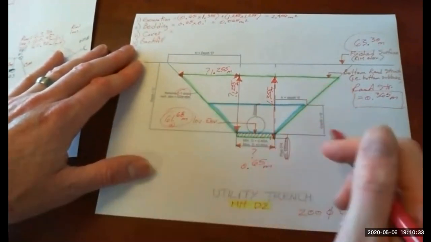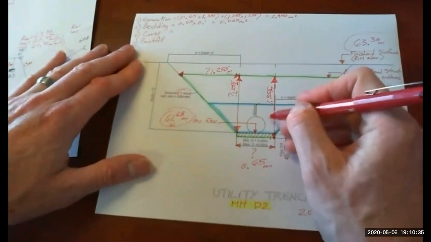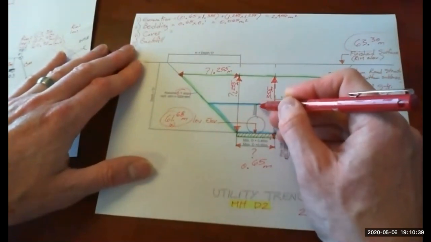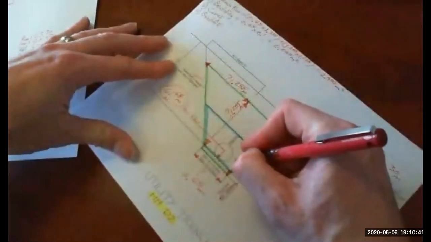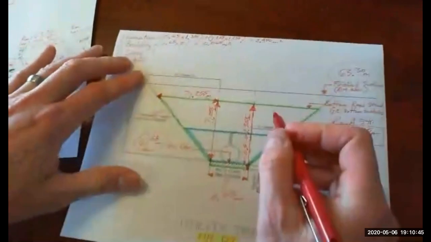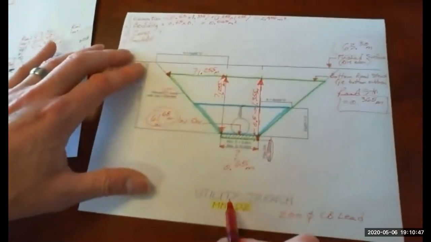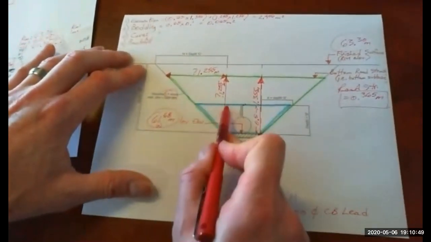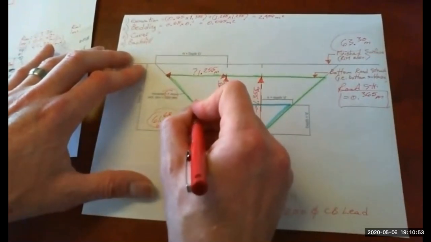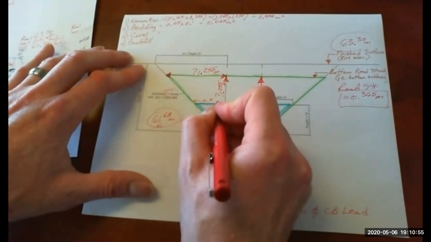Let's throw some numbers in so we know what we're looking at. What's the depth? It's 200 of pipe plus 300 of cover over, so 0.5. There's our width, and this triangle width here is the same as the depth, so 0.5.